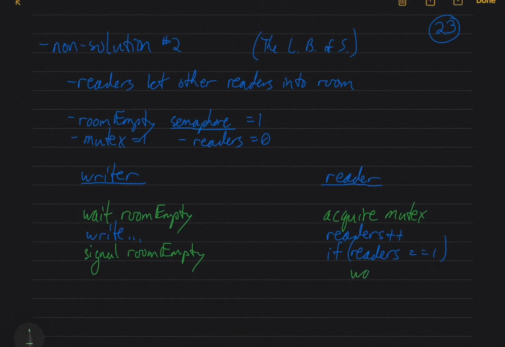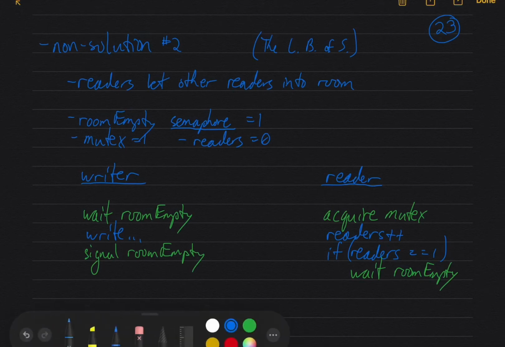So it's going to wait room empty. And eventually, either the room is empty and it will get it right away, or the writer that's in there will finish, will signal room empty, and then the reader will acquire it or unblock.